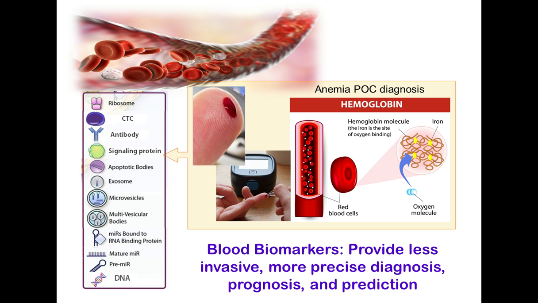One application we worked on is anemia point-of-care diagnosis. We know hemoglobin, which is a protein, is the indicator of anemia. If the level of hemoglobin in the bloodstream is very low, that will probably lead to anemia.